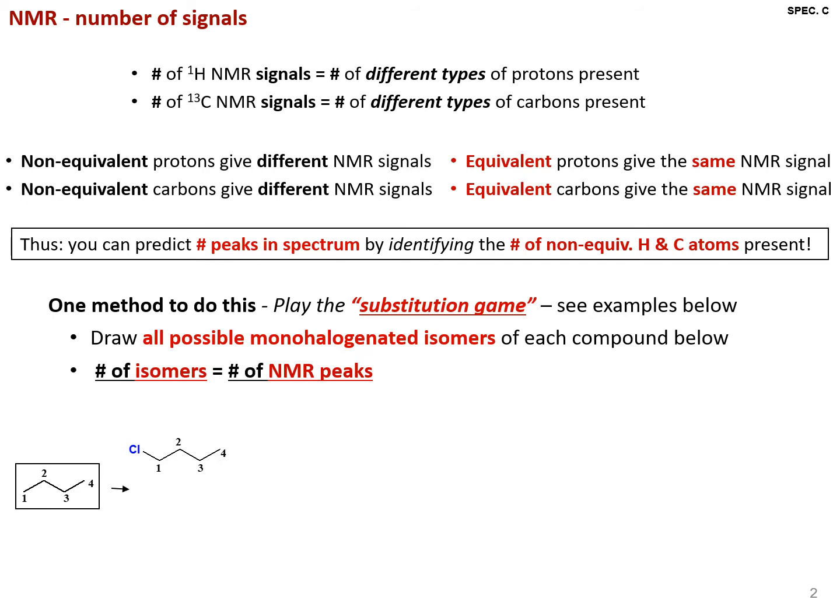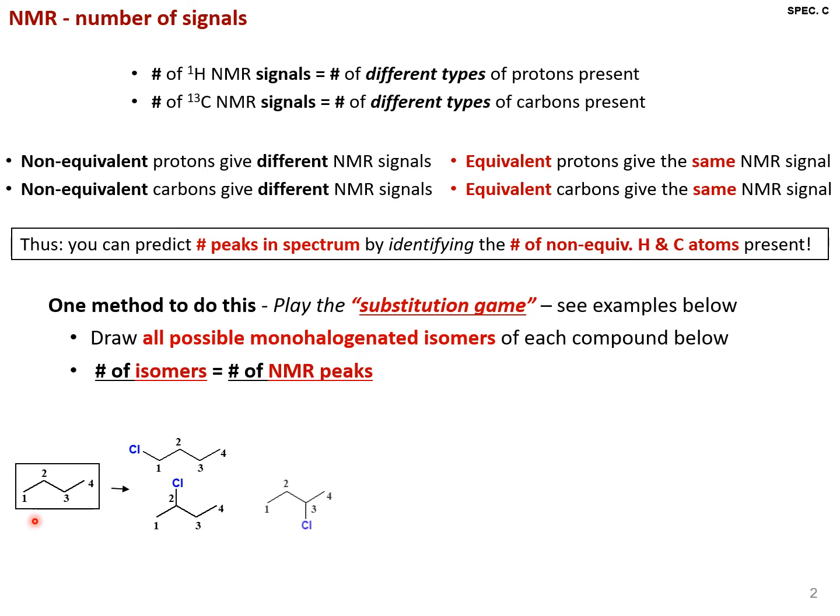For example, if you take a look at butane, I label each carbon 1, 2, 3, and 4. If I substitute a hydrogen on carbon number 1 for chlorine, say, I end up with 1-chlorobutane. If I substitute a hydrogen on carbon number 2, I get 2-chlorobutane. So far I have 2 monohalogenated isomers.